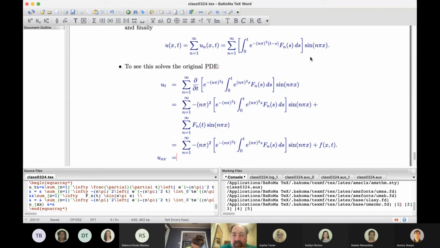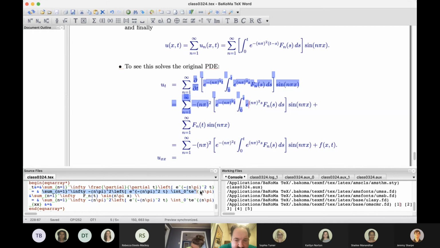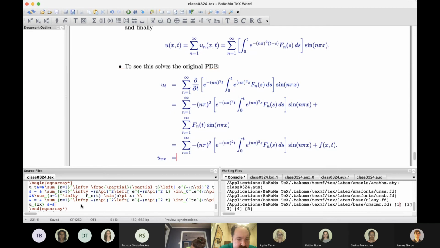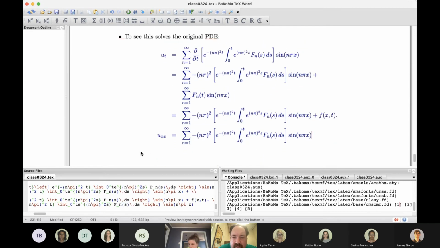I take a second derivative of this, and that's just going to give what I had before, the first half of what I got when differentiating with respect to t. Okay. So here, u_t really is equal to u_xx, because these parts match, but plus little f of x, t. So that confirms that it really does satisfy the PDE.